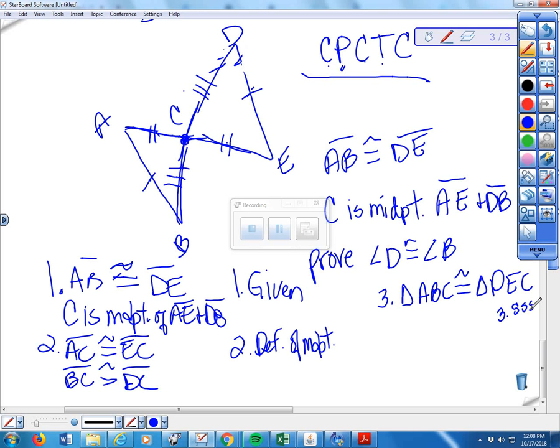Now, my goal is to prove that D and B, well, I should have made that D and A. D and A are congruent. It should have been D and E, though, shouldn't it? A, B, C, D, E, C. A and D must be congruent. But A, B, C, it should be E, D, C, shouldn't it?